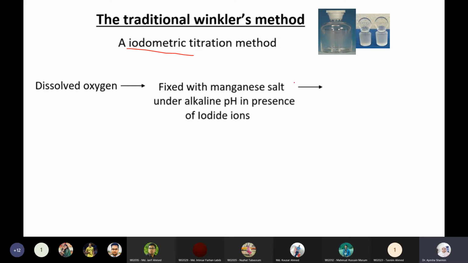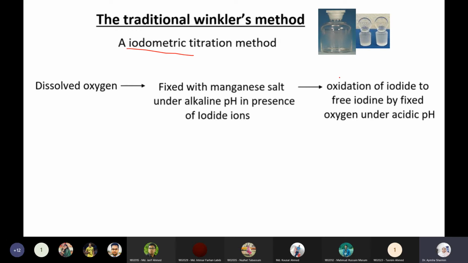So the manganese is going to be cycling like this, and with it, it can liberate the iodine. So oxidation of the iodide to free iodine by fixed oxygen under acidic pH.